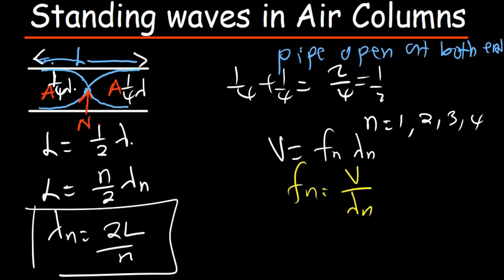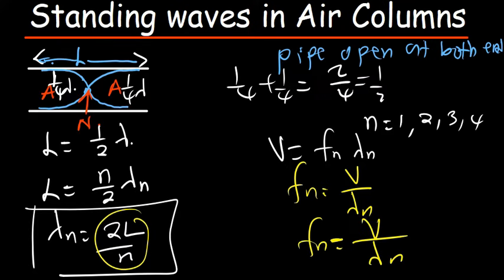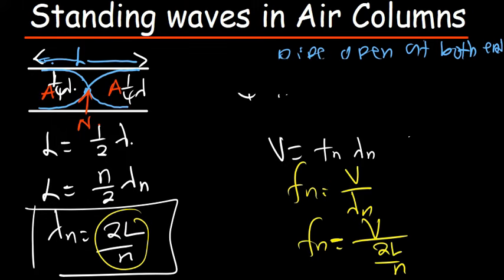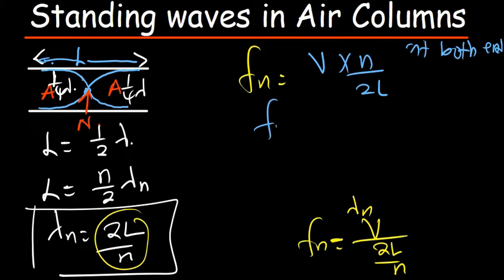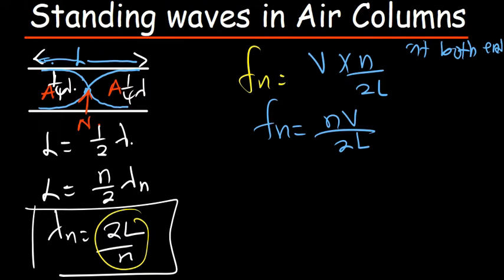We can replace lambda n with 2L divided by n, like that. The pipe is open at both ends. So we'll have Fn equal to V times n divided by 2L. So this will be nV divided by 2L, like that. So that is the formula now for any fundamental frequency.